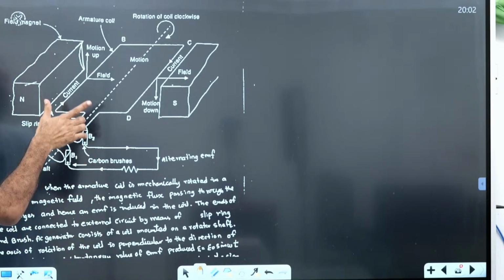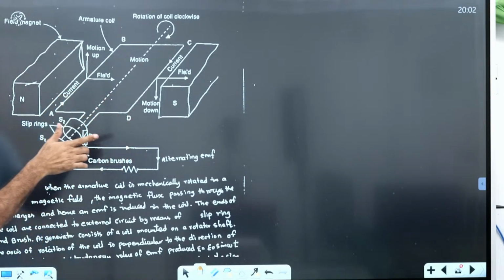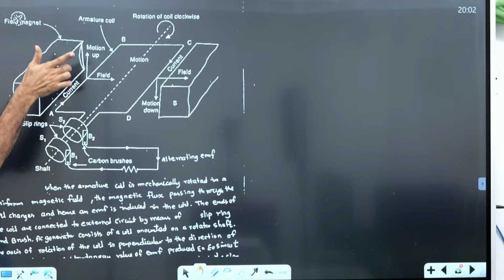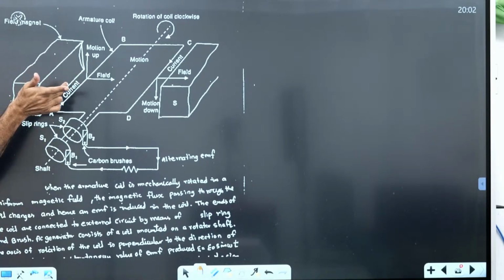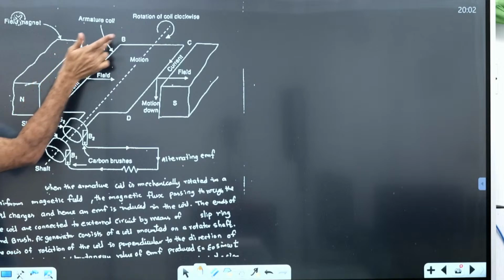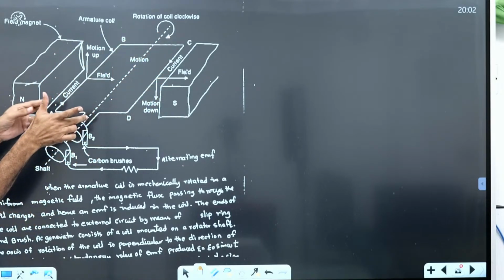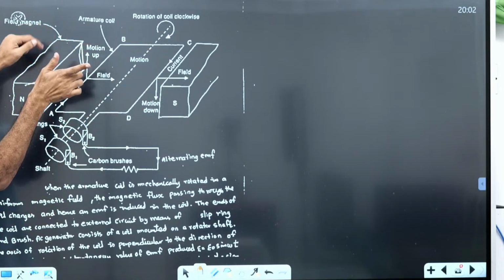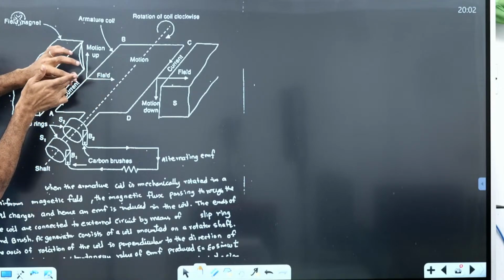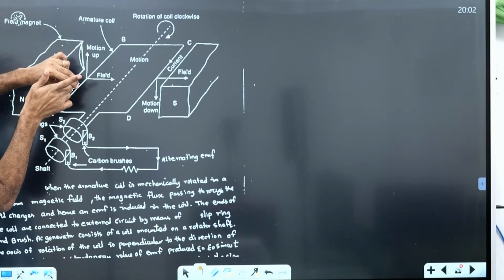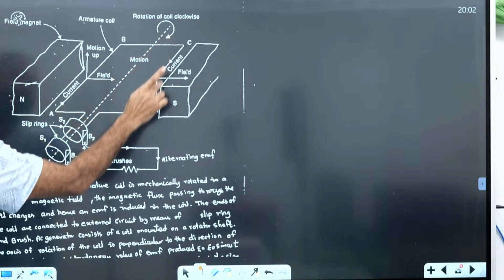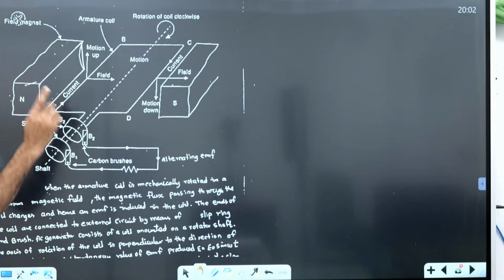When the armature coil rotates and you apply Fleming's right hand rule, motion of the conductor is upside, lines of force north to south. So current will be flowing in this direction. Middle finger will give the direction of induced current. Induced current will be flowing in this direction.